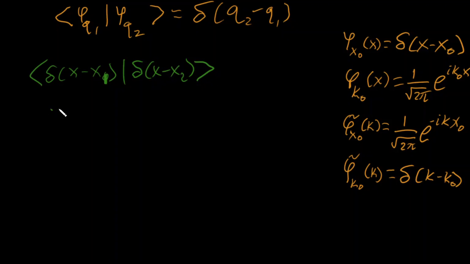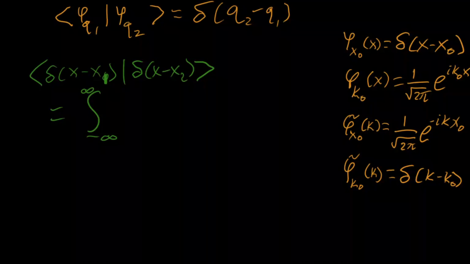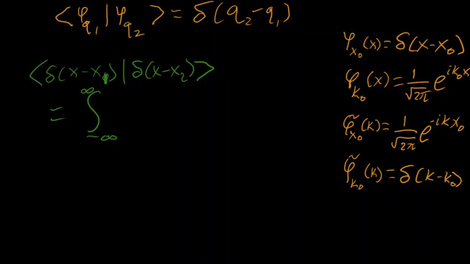And so when we do this, we can expand this into an integral. We take the complex conjugate of the first, but the Dirac delta function is a real function, so if we take its complex conjugate, we just get itself. So this is the integral of delta of x minus x1, delta of x minus x2 dx.